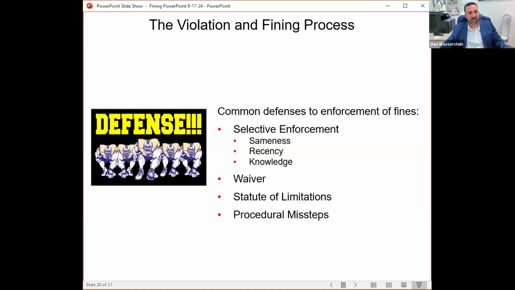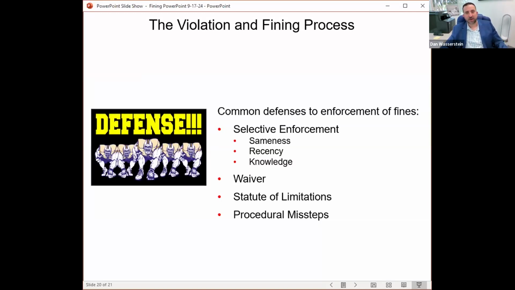So they can't make an argument of selective enforcement unless they say, you're treating me differently for something that's exactly the same or highly similar than you treated someone else, but it cannot be totally different types of issues. Another element that the owners need to have for a selective enforcement argument is recency.